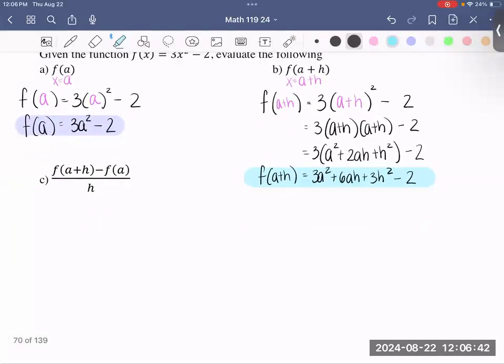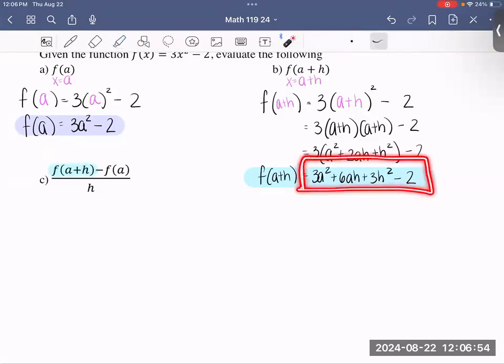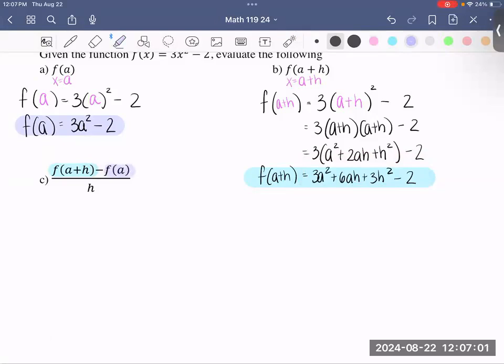So let's take a look at C. Now, C is asking us to do a combination of things. It's saying, can you take f of a plus h, which is this whole thing here, and can you subtract what you got from f of a and then divide it by h?